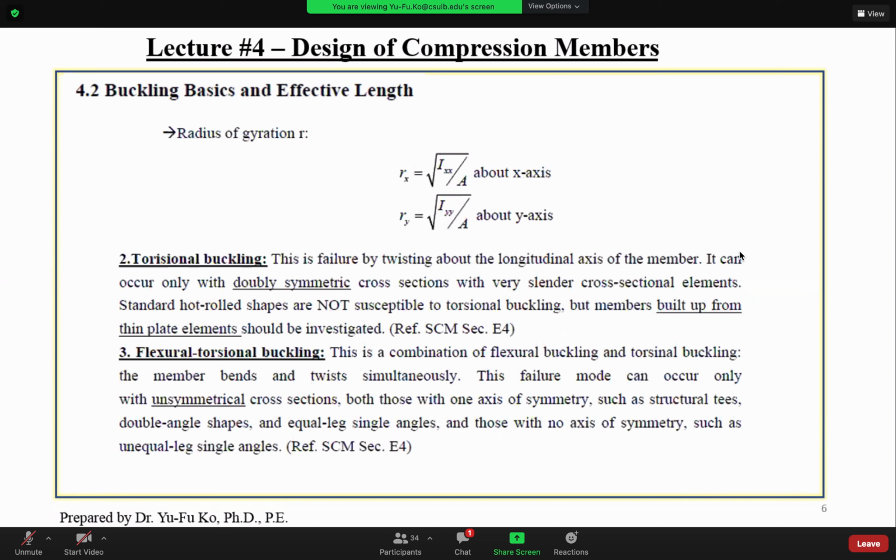But usually this is only a cross section property here, so it has nothing to do with stiffness. This only defines the cross sectional property. This is only the square root of I over A, equal to the radius of gyration.